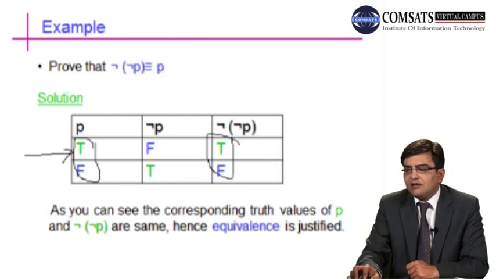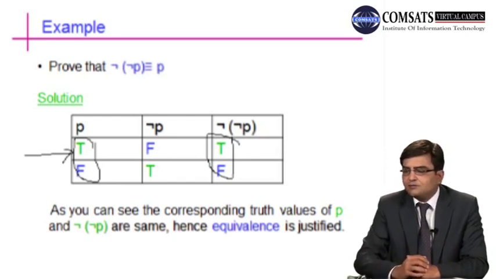In the second row the truth value of P is false, and in this column the truth value is also false. We can see that the truth value in each row of these propositions is exactly the same. Therefore we can say that these two propositions are logically equivalent.